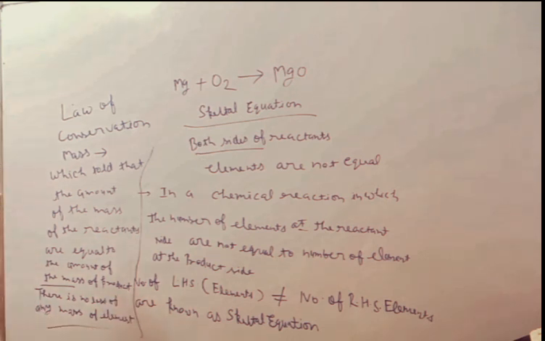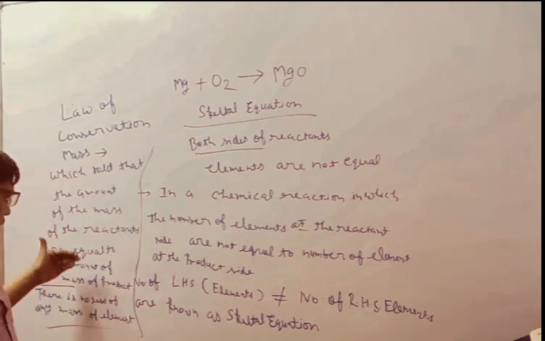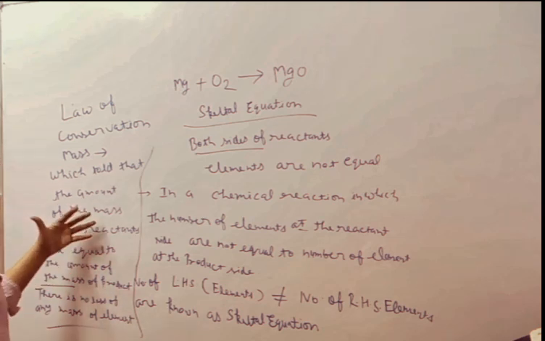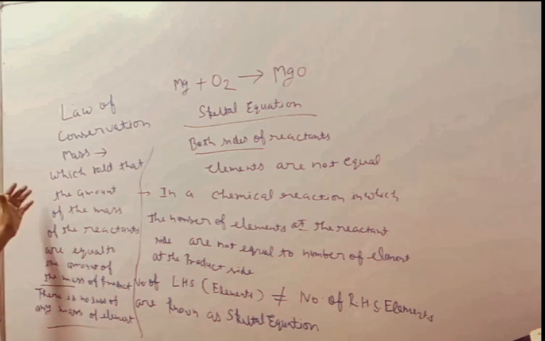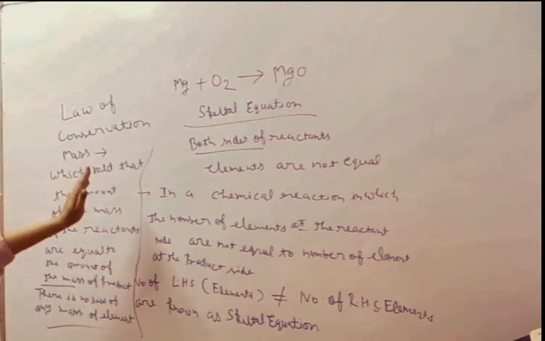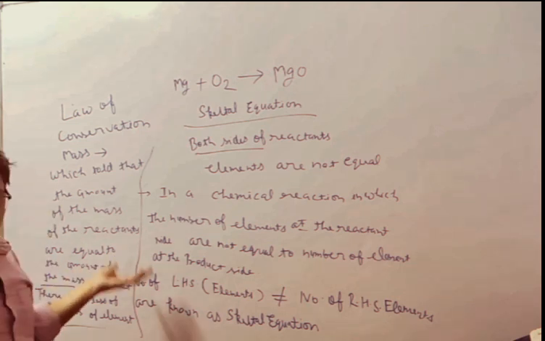We have already studied this in class 9th, the law of conservation of mass. So it tells that when the reactants' mass is equal to the mass of the product, there is no loss of mass of the elements. This is the law of conservation of mass. By using this, we are going to learn about the balanced chemical equation.